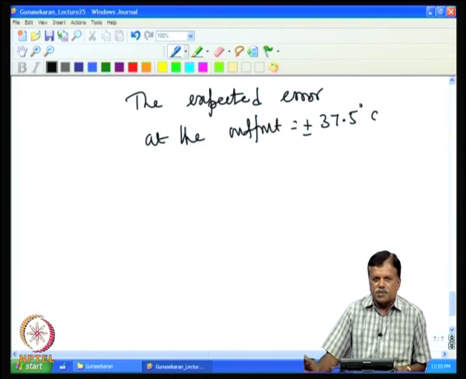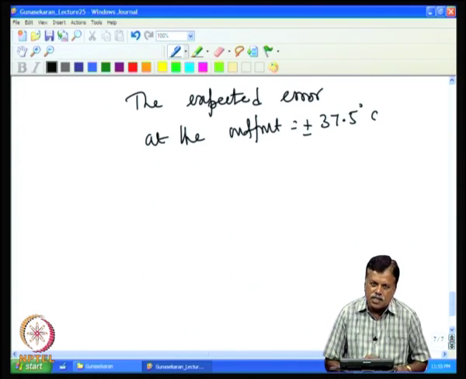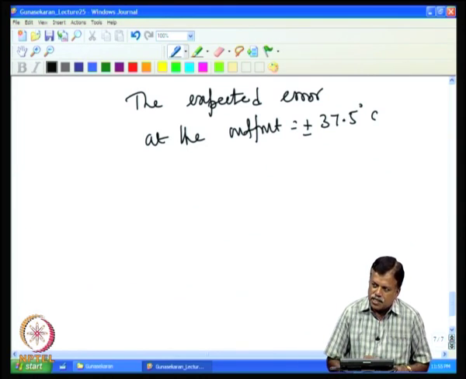That means, offset voltage is a serious issue when the input signal is very low. And in that case, one has to go for low drift operational amplifiers.